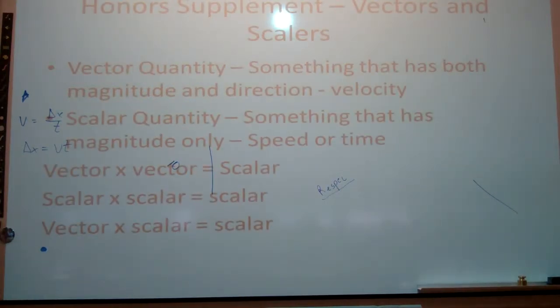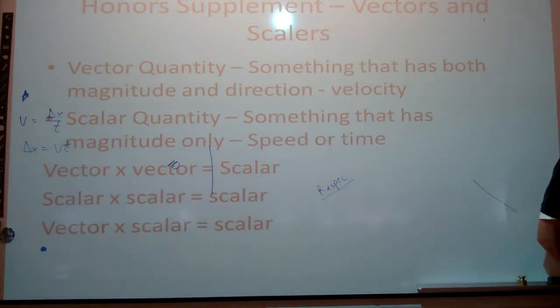Alright. One thing that's going to come up again periodically on the AP test is vector and scalar quantities. You guys know what those are? Have we talked about those before? Sort of. So a vector quantity is something that has both magnitude and direction. Magnitude just means a number. Velocity has the speed plus a direction. A scalar quantity is something that has magnitude only. So speed is a scalar, it's just how fast you're going.